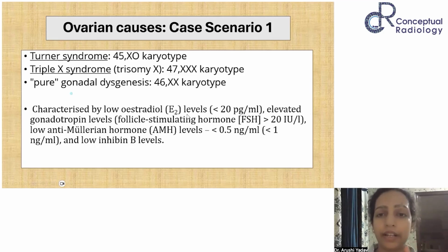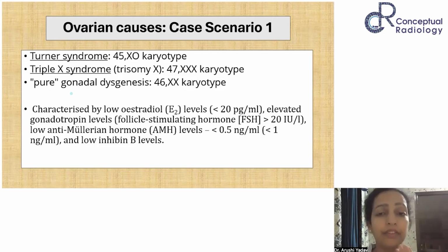A low estradiol of less than 20, elevated gonadotropin, that is FSH, is raised, obviously because it is a primary failure, so the pituitary and hypothalamic axis tries to recuperate it. So a value of more than 20, low AMH levels which are less than 0.5, which indicate a very poor ovarian reserve, and low inhibin B levels.